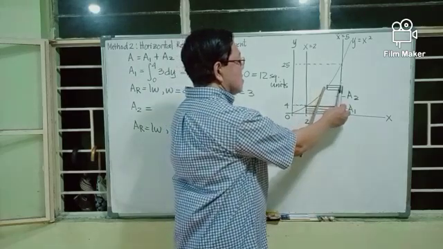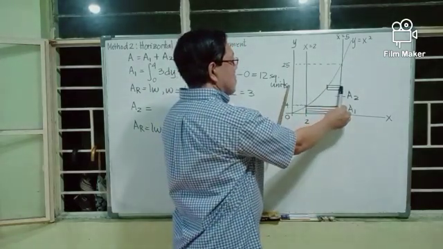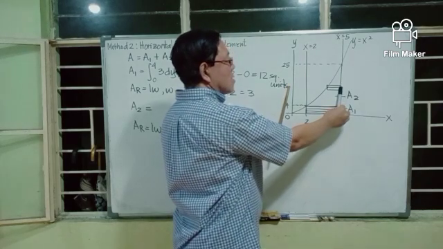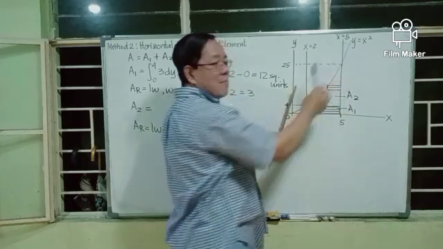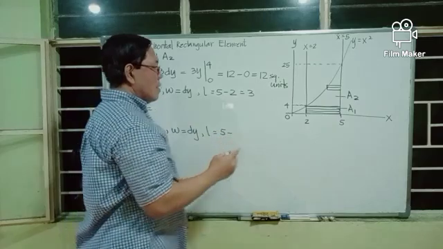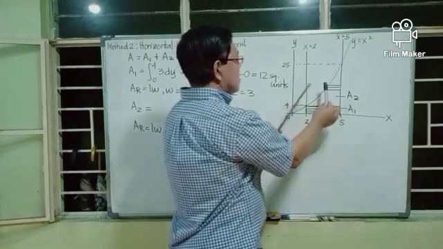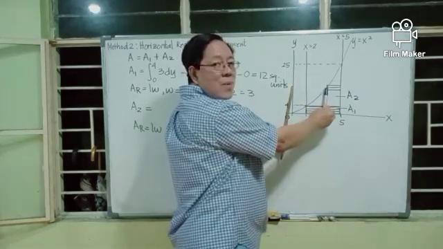The length of this rectangle is equal to the value of x at this point, which is 5, minus the value of x here.